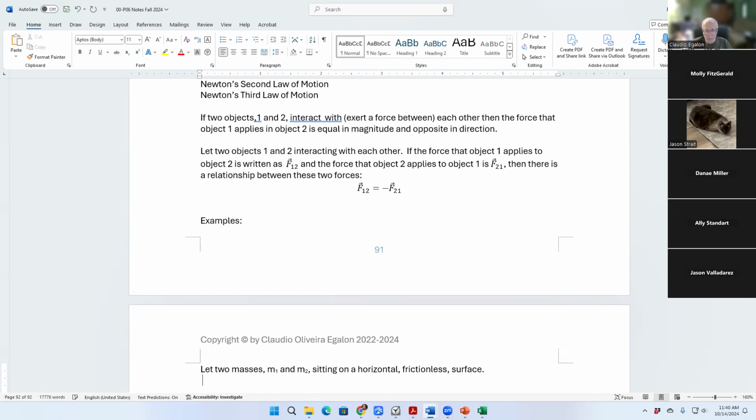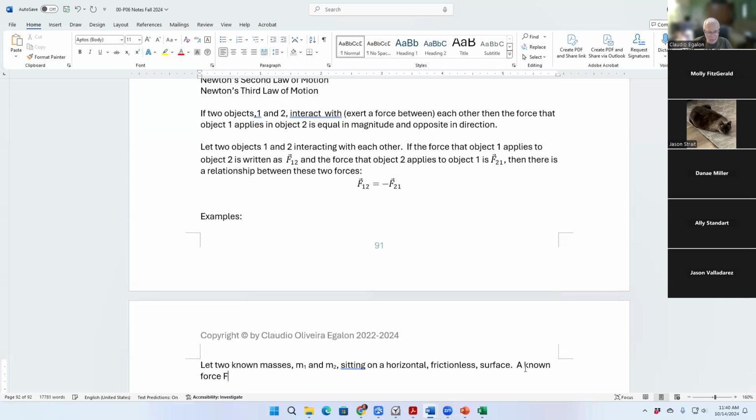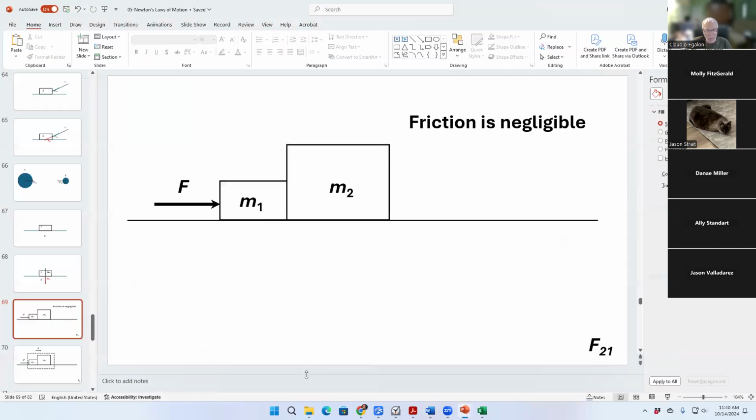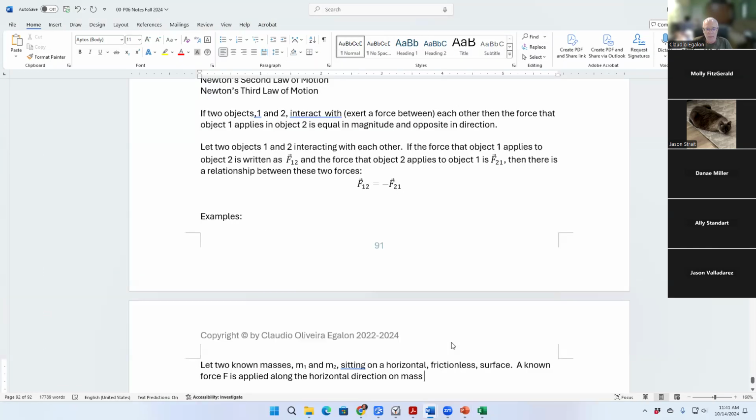Let 2 known masses, M1, M2, and a known force, F, be applied along the horizontal direction on mass, what, 2 or 1? Let's take a look here. On mass 1.